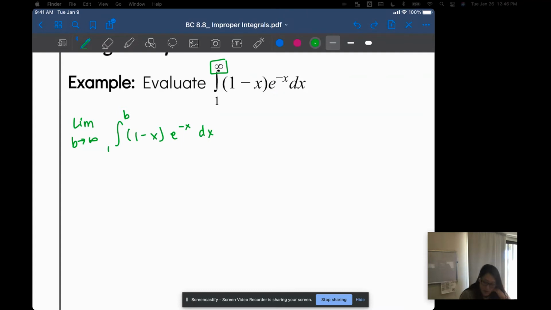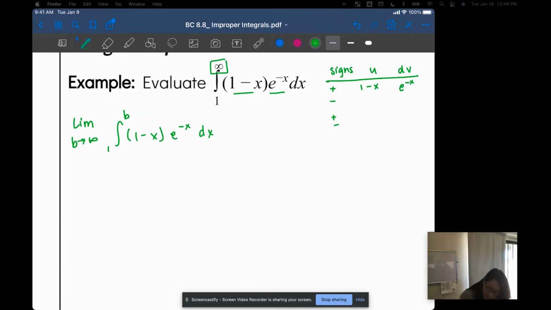So I think this is an integration by parts situation, and I have an exponential and an algebraic function. So I'm going to make my signs, my u, and my dv. So plus, minus, plus, minus. Make my u equal to 1 minus x, and my dv e to the negative x.